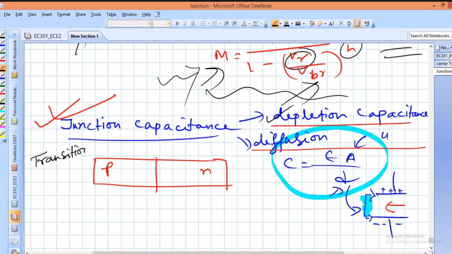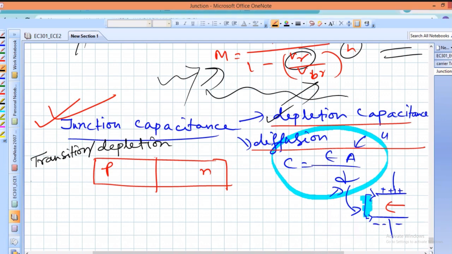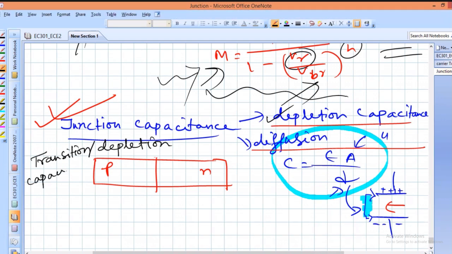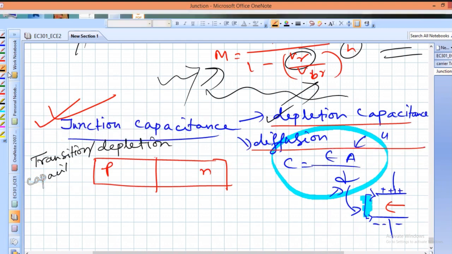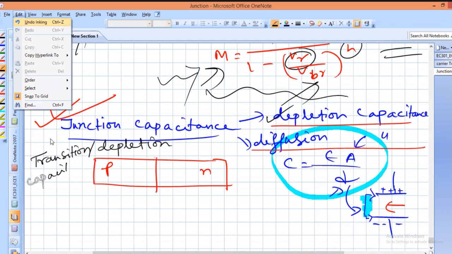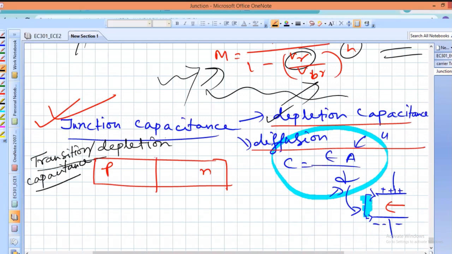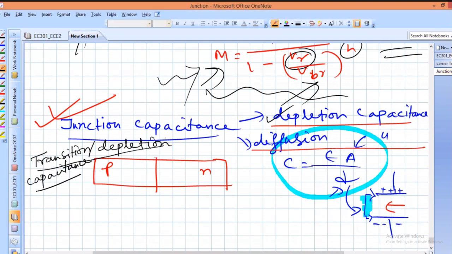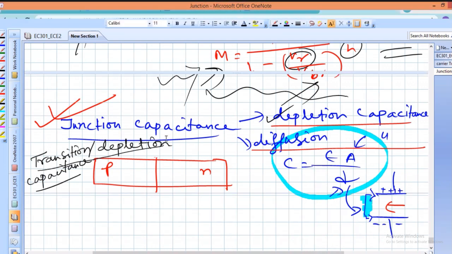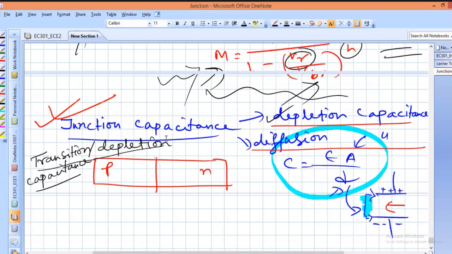Transition capacitance or depletion capacitance is observed in a PN junction due to the presence of uncovered positive as well as negative charge on both sides of the junction.